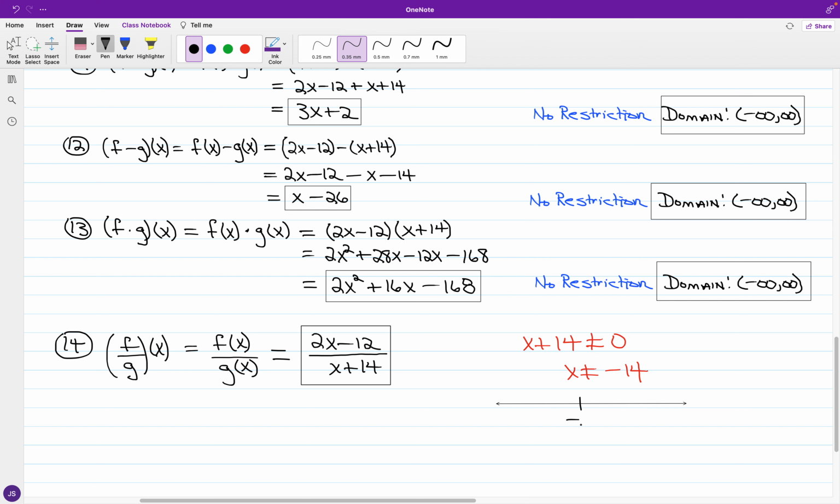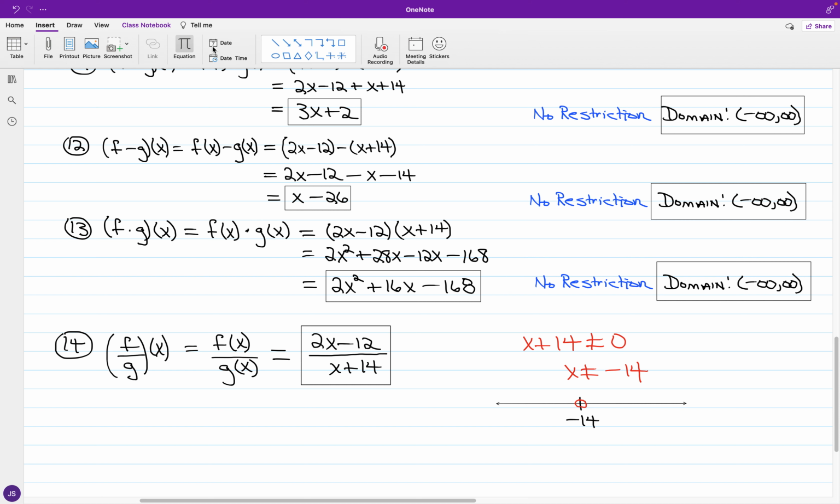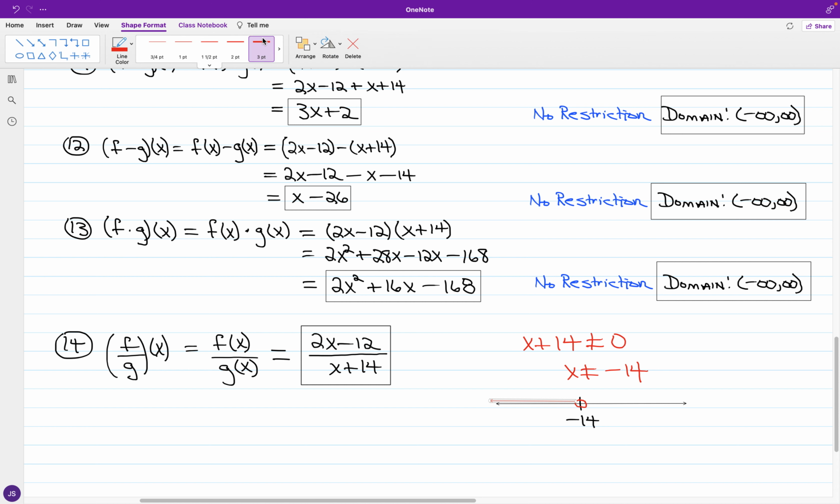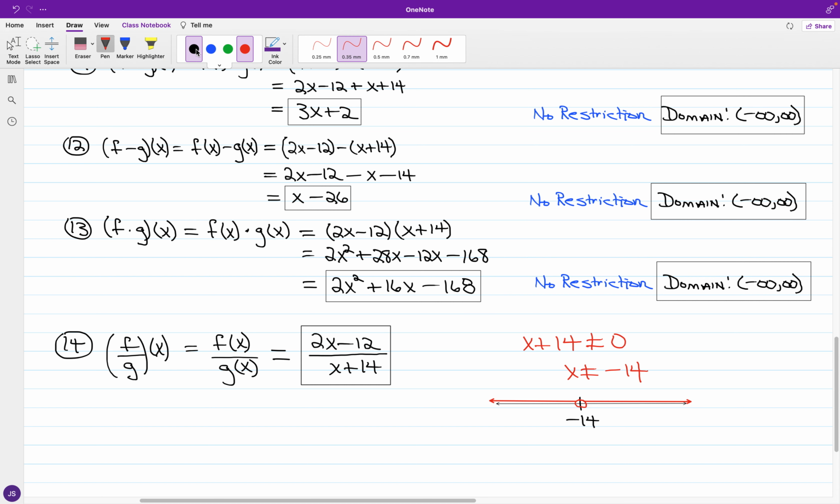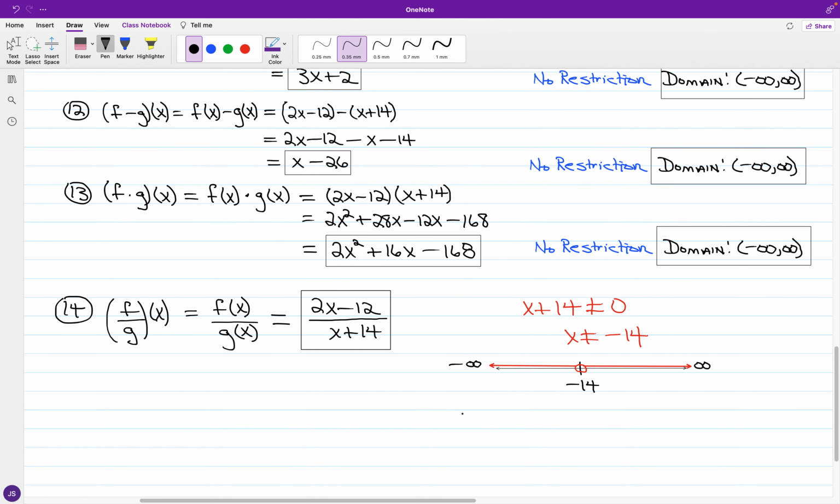Okay, so for the exclusion, we have only negative 14, and everything else from the real number system will be in the domain. So for the domain of the quotient function, we have it broken up into two separate interval sections.